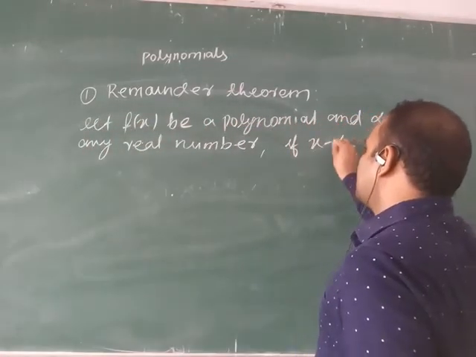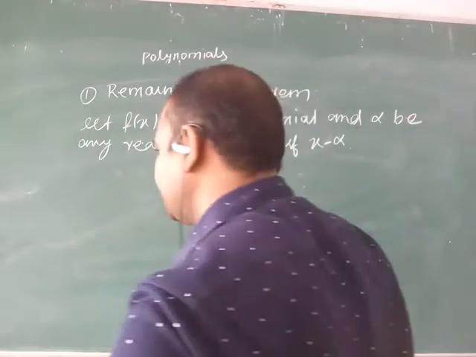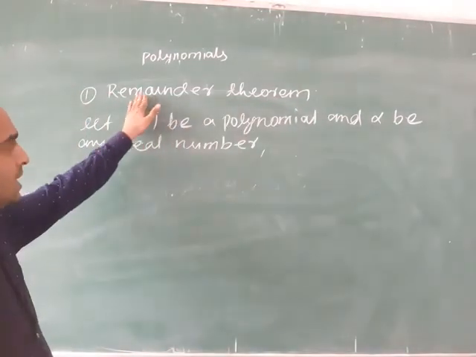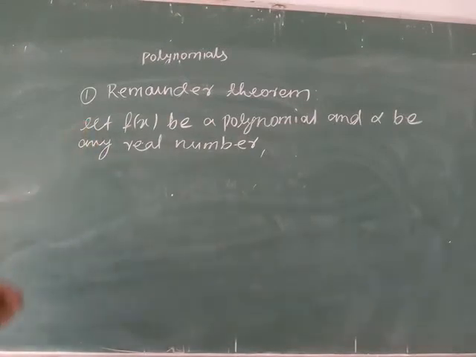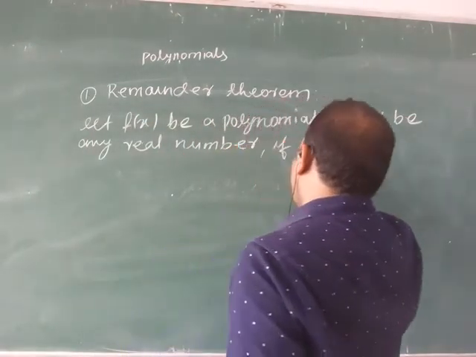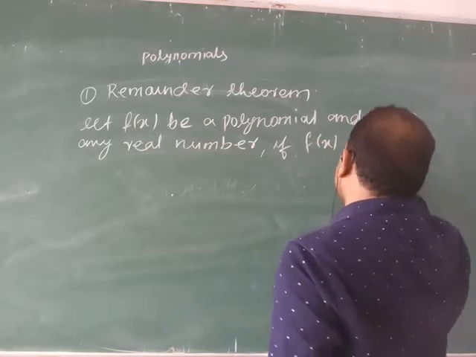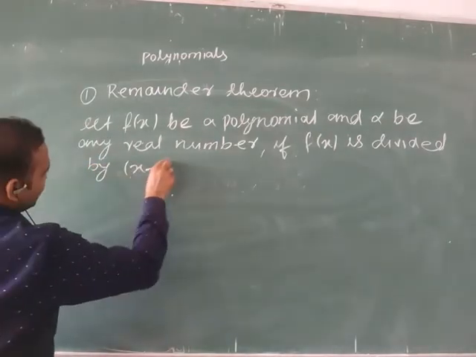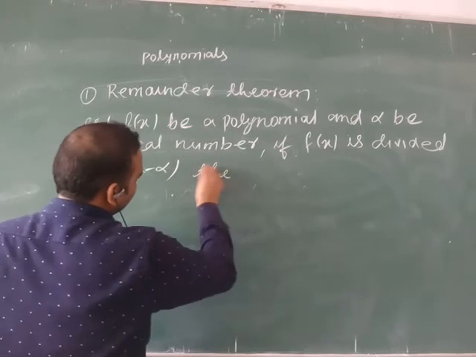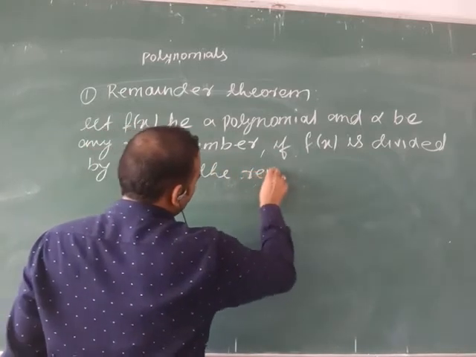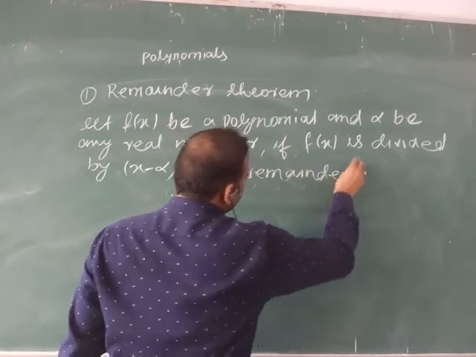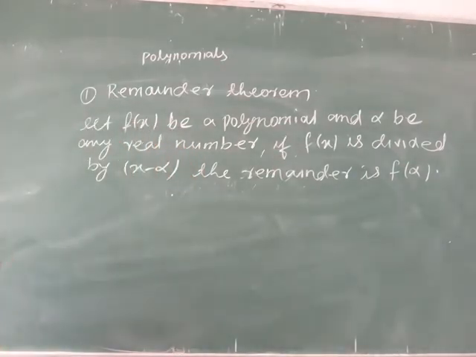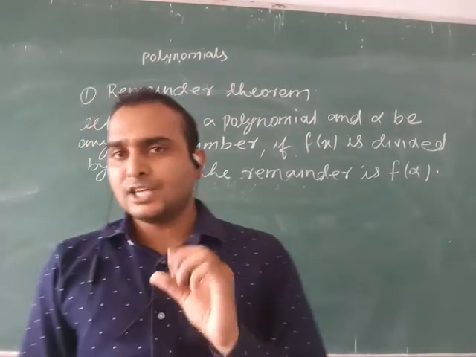Then if f(x) is divided by x minus alpha, the remainder is f(alpha). If there is any problem, I will make you understand by giving an example.